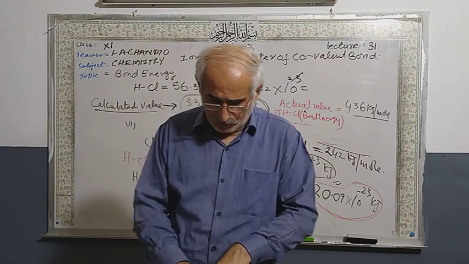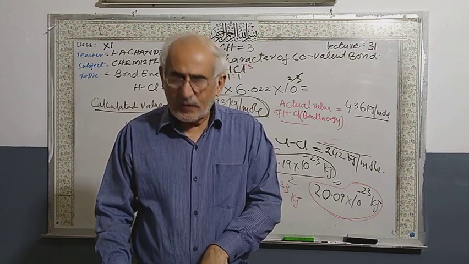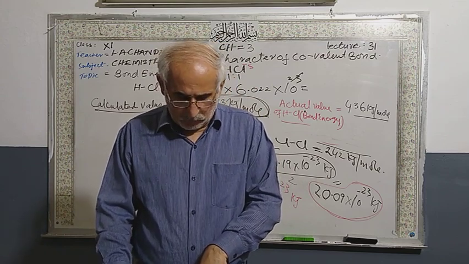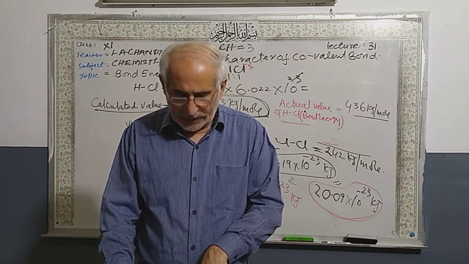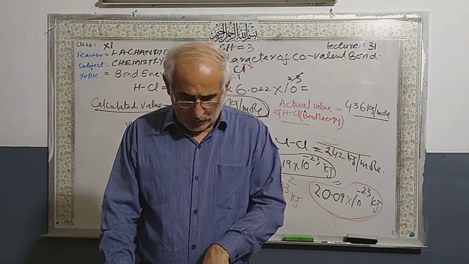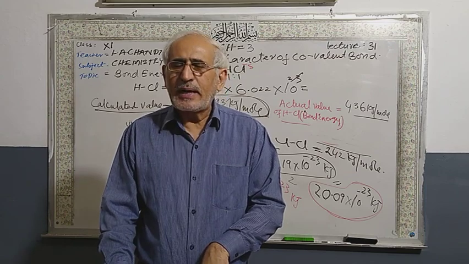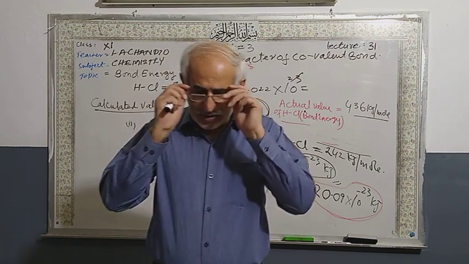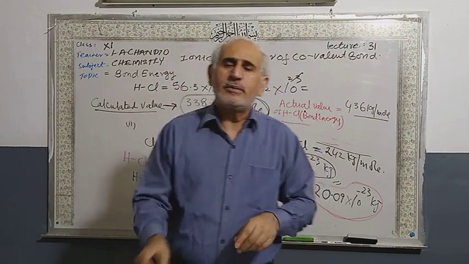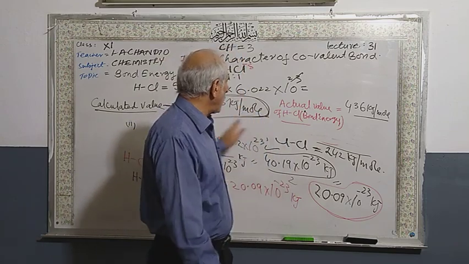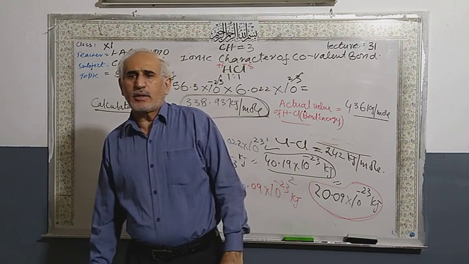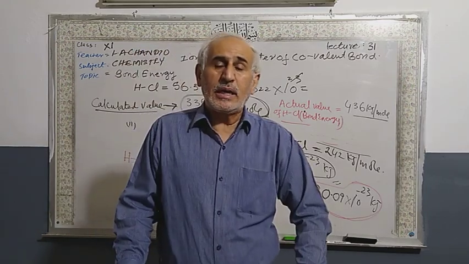For iodine 151 and hydrogen iodide, the calculated value is 291, the observed value is 299, and the difference is only 8. The difference between these two energies is only 8, very small indeed.